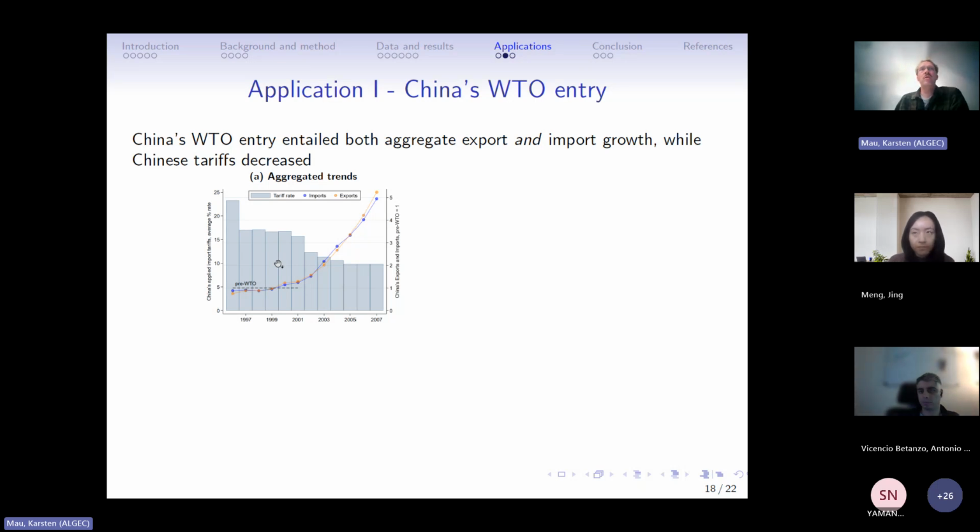At the same time, we see that compared to the pre-WTO years, there has been quite a massive expansion in both exports and imports. If you just look at the slope of those orange and blue curves, you see that the slope clearly becomes steeper in the post-2001 period.